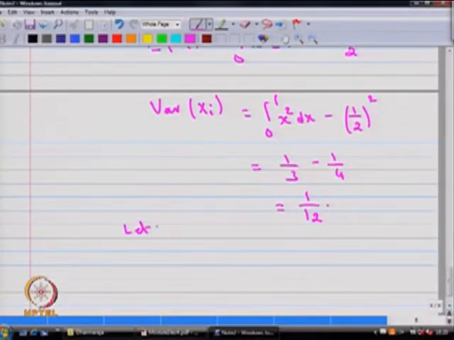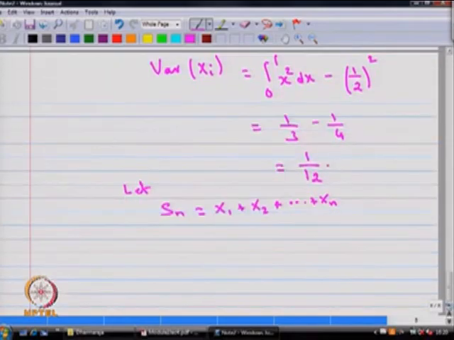Let S_n be X1 plus X2 and so on till Xn. One can find mean and variance of S_n, because you know the mean and variance of Xi's.